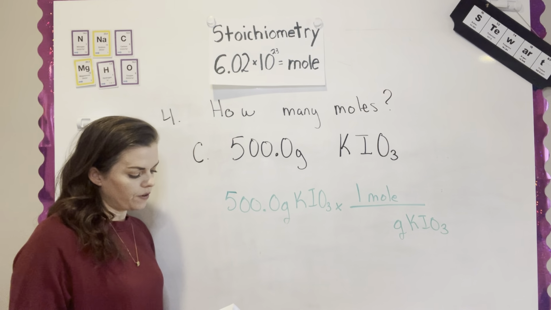5B, I have 0.045 moles of calcium sulfide, and I'm going to grams. Now this is a compound, and so I'm going to have to calculate the molar mass of calcium sulfide. So I'm going to do that by taking the mass of 1 calcium and the mass of 1 sulfur and adding them together.